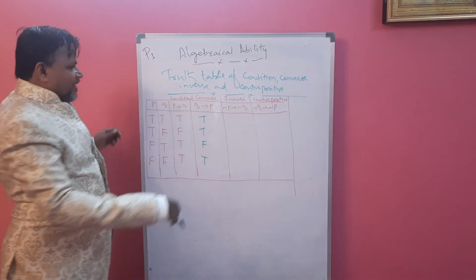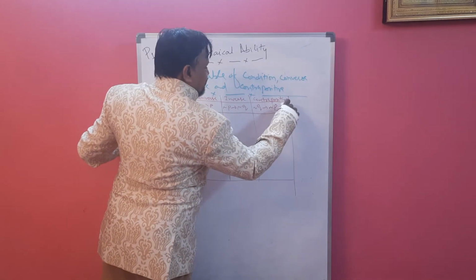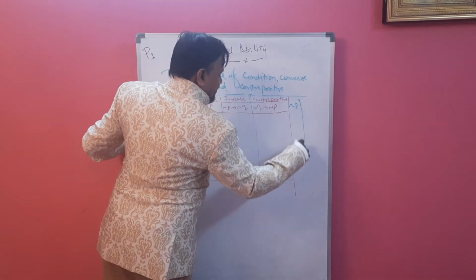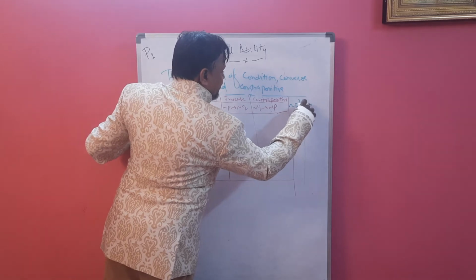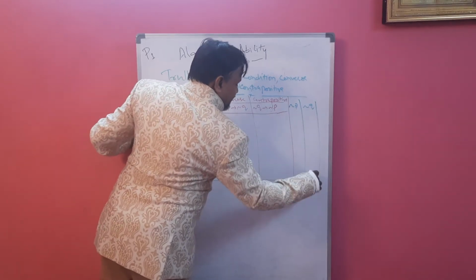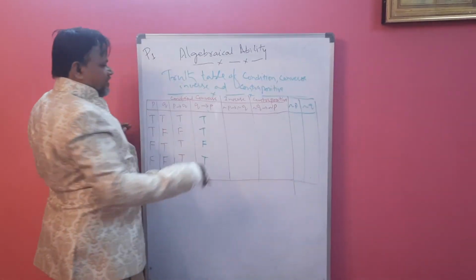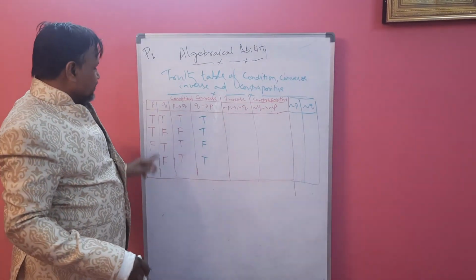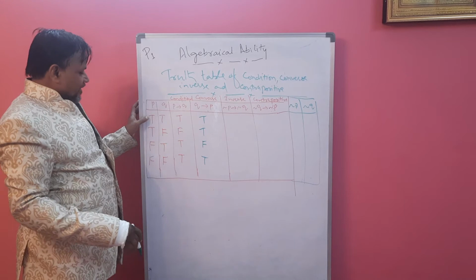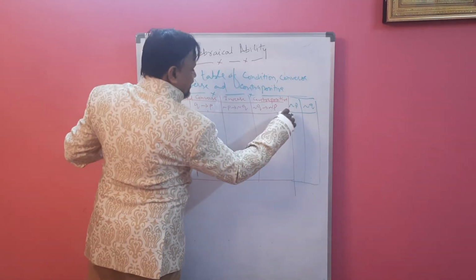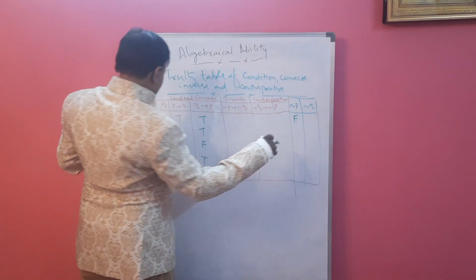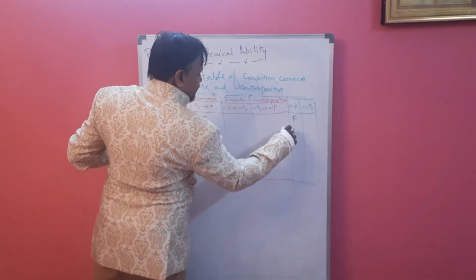So we have to take negation here. Negation P, negation of Q. If you take here, now you can take directly this value. Negation of P, here T is there, so we will get false.